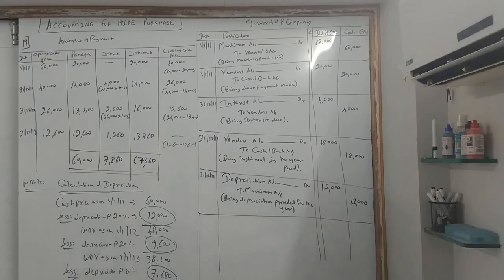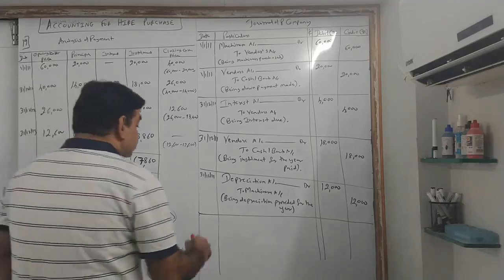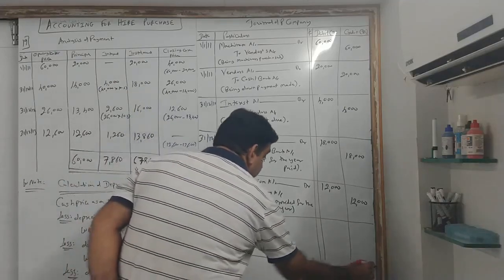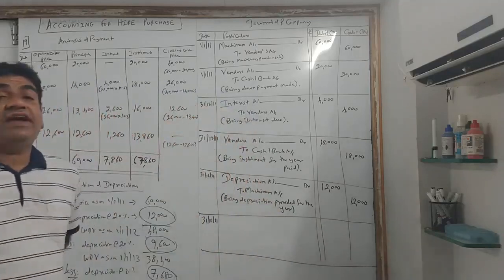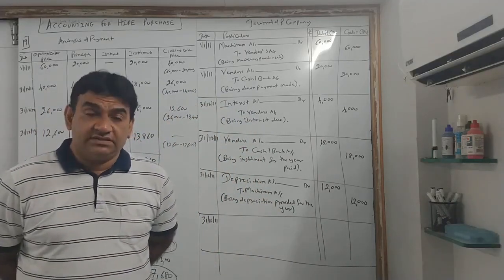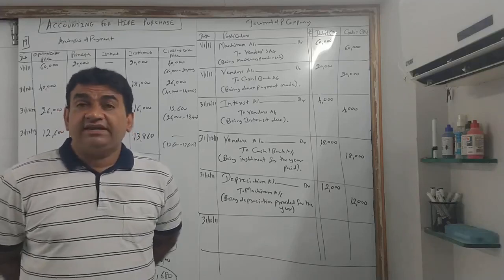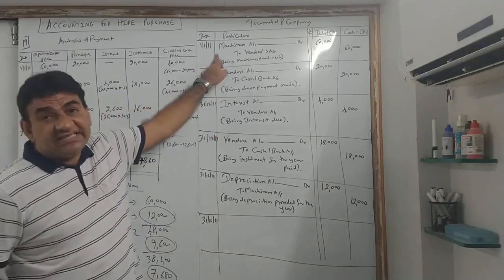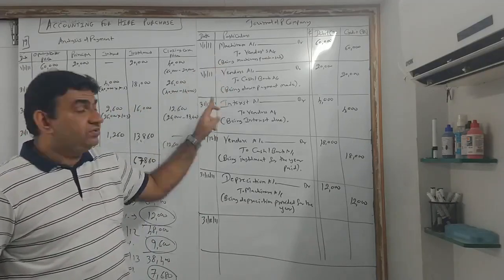Getting it now? Clear? And now the last entry. As I told you, there are 6 entries. This is the 6th one. Now, looking at these 5 entries, which are the expenses? Interest; machinery is an asset; vendor is a personal account.